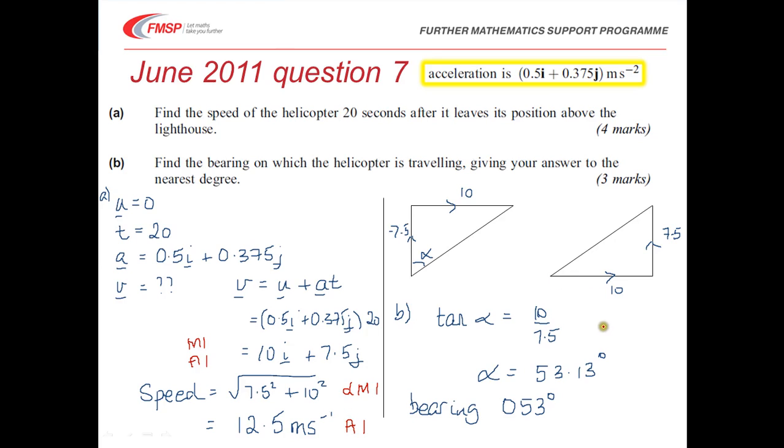In this one you got a method mark and an accuracy mark for using tan alpha equals 10 over 7.5, and you got an accuracy mark for giving it as a bearing. So unless you gave it as a bearing, you won't get full marks.